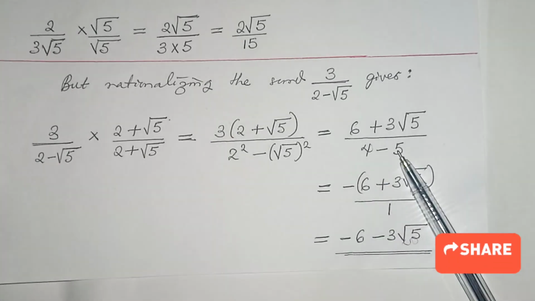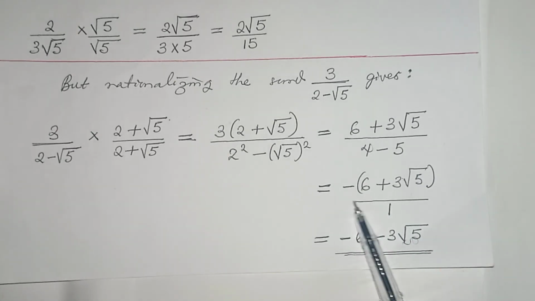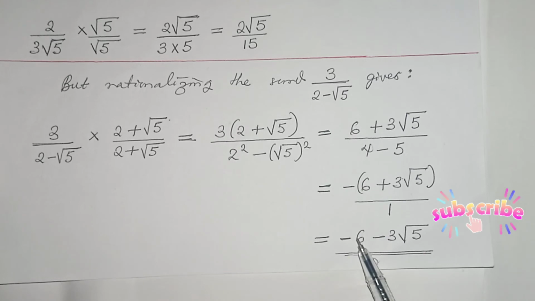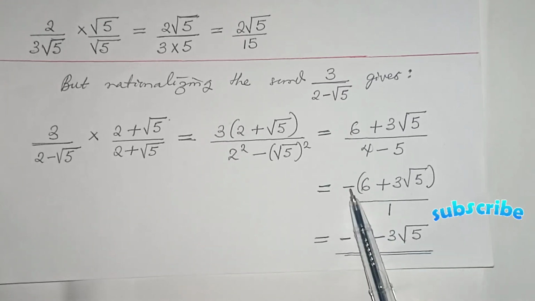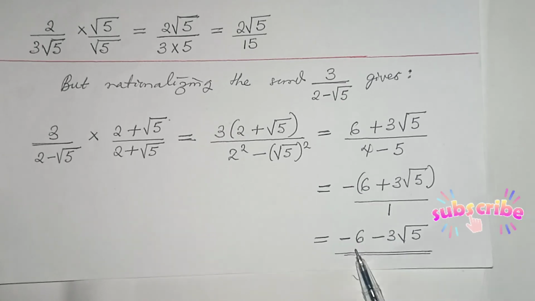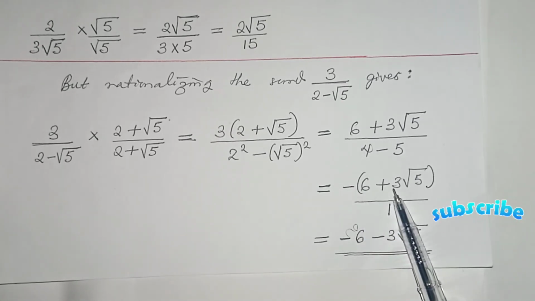Now 4 minus 5 simplifies to minus 1. So that gives you minus in bracket 6 plus 3 root 5 divided by 1, which is the same as minus 6 minus 3 root 5. Of course, minus multiplies 6 when it opens the bracket to give you minus 6, and minus multiplies 3 root 5 to give you minus 3 root 5.